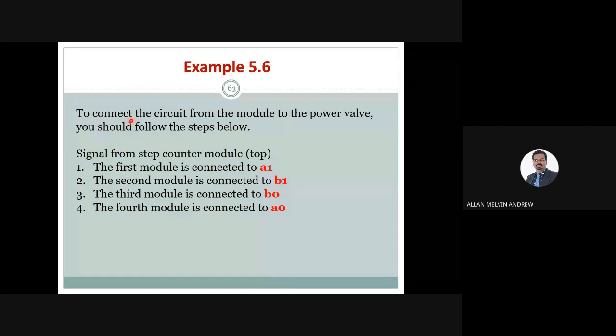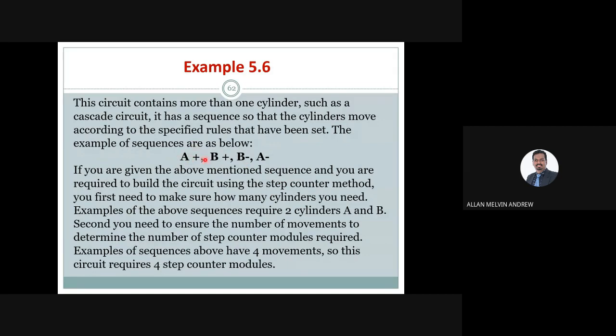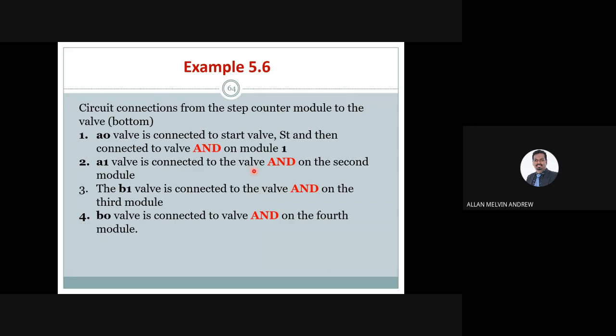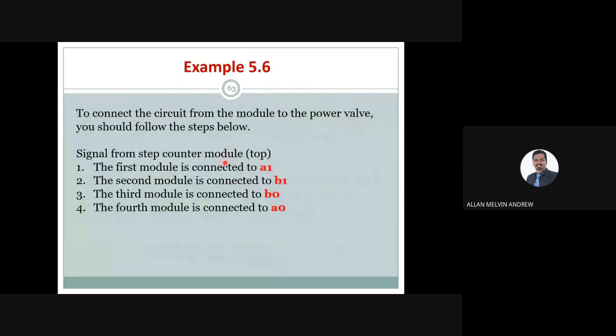To connect the circuit from the module to the power valve, you need to follow the steps. Signal from step counter module top: the first module is connected to A1, because after A plus, A1 will be on. The second module is connected to B1, because it is B plus.